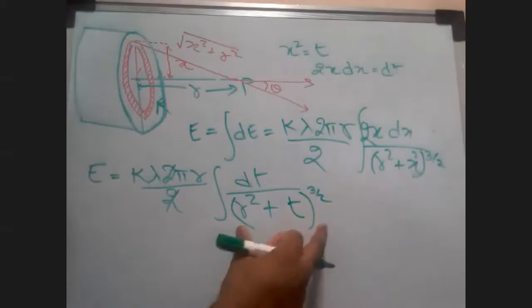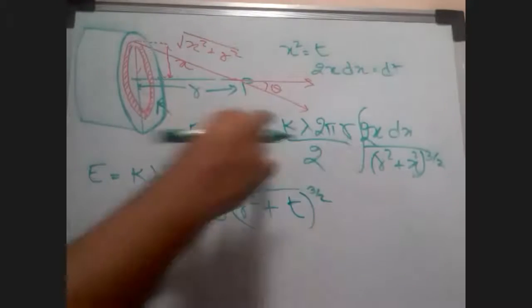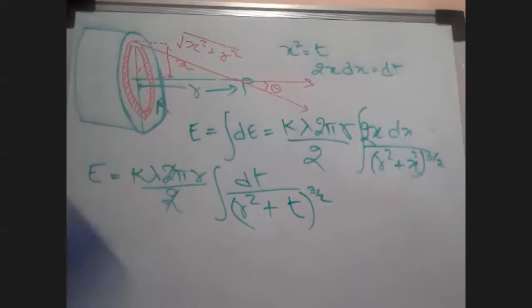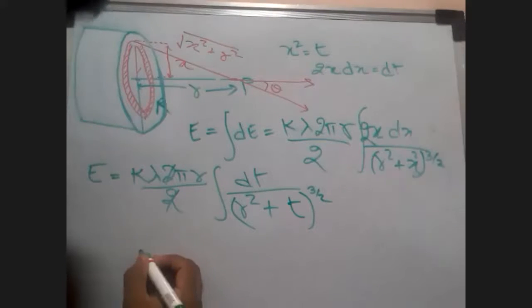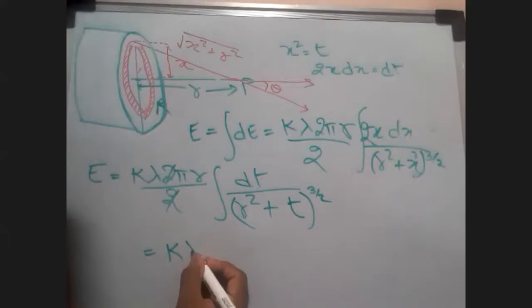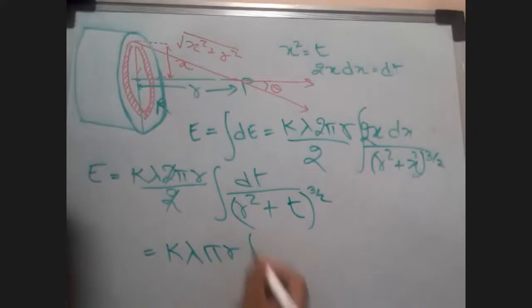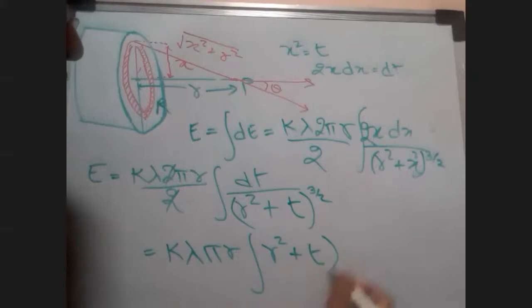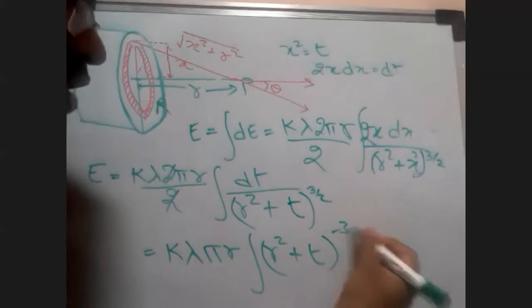What we can do is take this entire term up. So it will become r square plus t raised to minus 3 by 2. So it will simply equal k lambda pi r times the integration of r square plus t whole raised to minus 3 by 2.